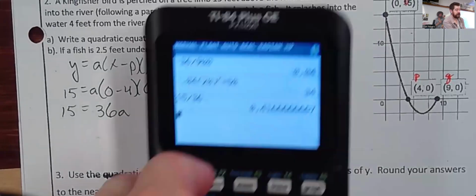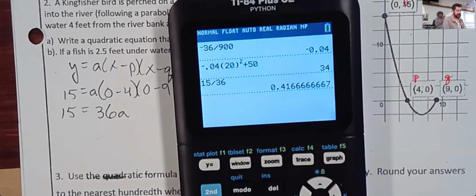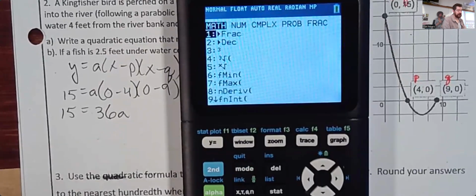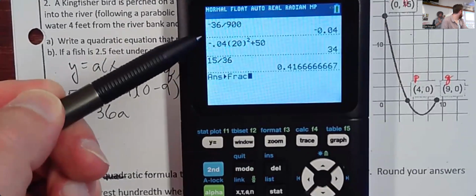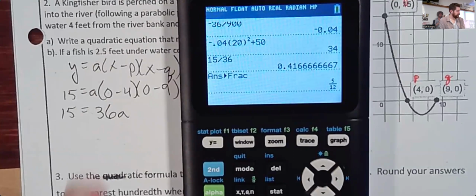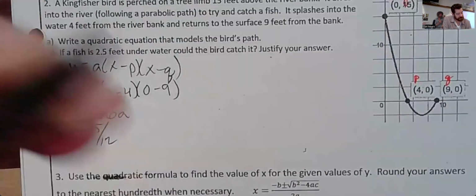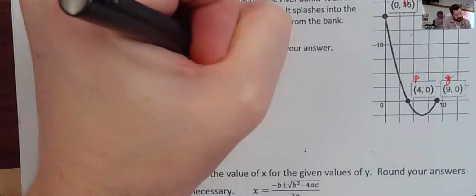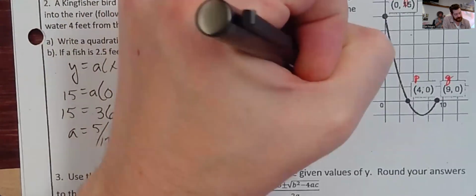And if you want to, on your calculator, you can change that to a fraction by hitting the button that says math. And then you can change whatever your answer is into a fraction by just using option number 1. And there it is, 5/12. So A equals 5/12. So we're going to end up with y equals 5/12 times x minus 4 times x minus 9.